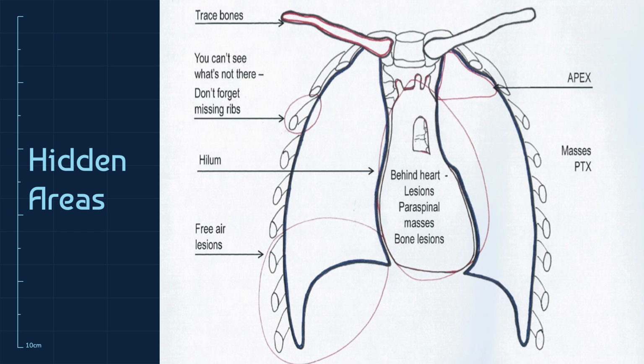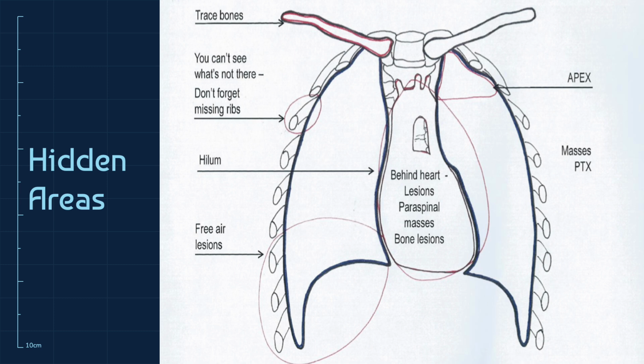Following on the fact that radiographs are usually 2D, there are certain areas that are considered hidden areas when assessing the chest. A common obvious example is what could possibly be hiding behind the heart. Now, the heart is a large, muscular, blood-filled organ, thus it absorbs the majority of the ionizing radiation and appears more radiopaque than most.